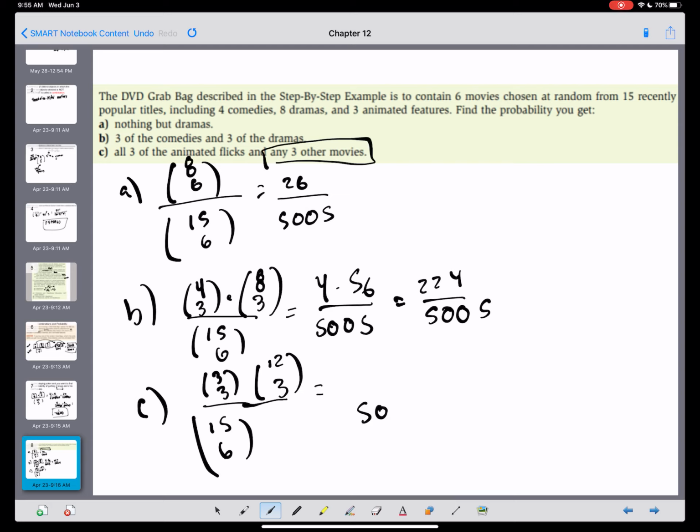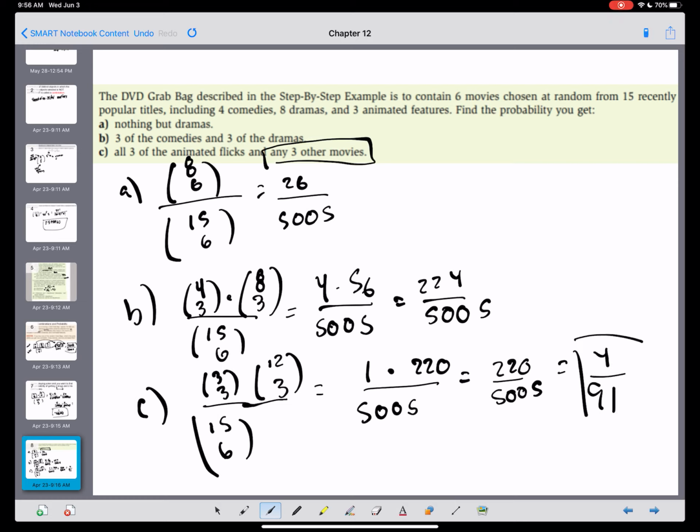So that's 5,005. 3 choose 3 is 1, so 1 times 12 choose 3, 220. So you get 220 over 5,005. So that reduces to 4 over 91. And that's my answer. Okay, pretty simple.